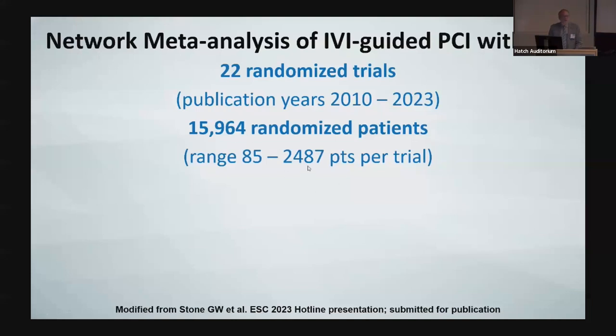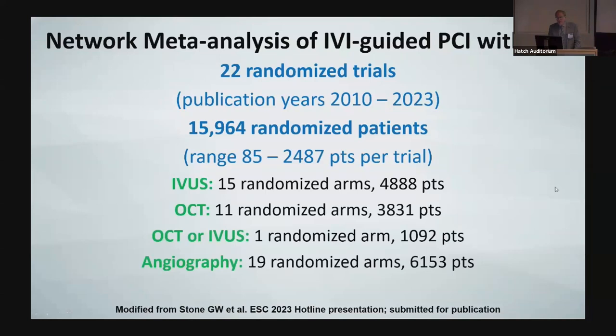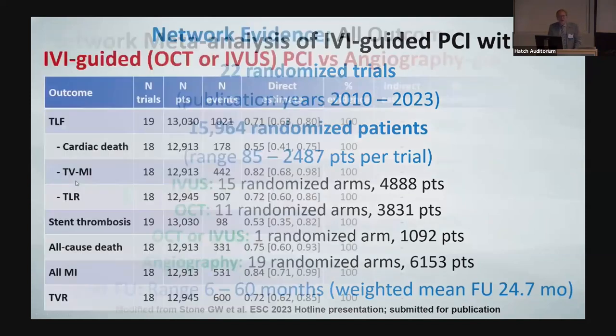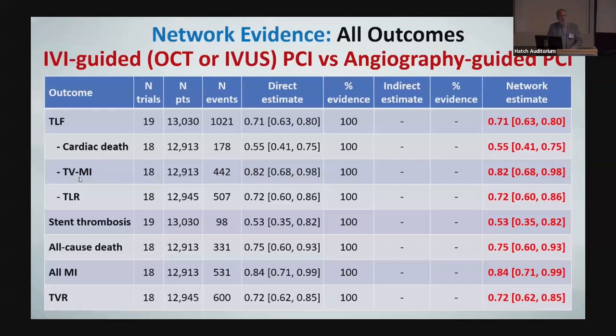That was our most recent Illumien 4 trial. This shows you, in the 4 different types of arms, the number of patients, and the longest follow-up ranges from 6 to 60 months, a little more than 2 years. And we've submitted this data now for publication in a leading medical journal.